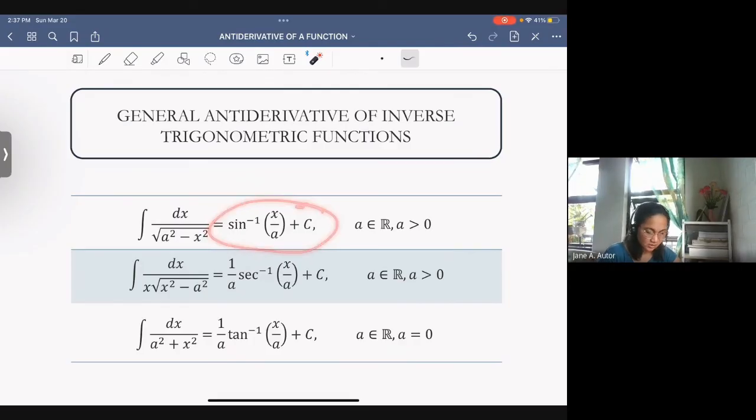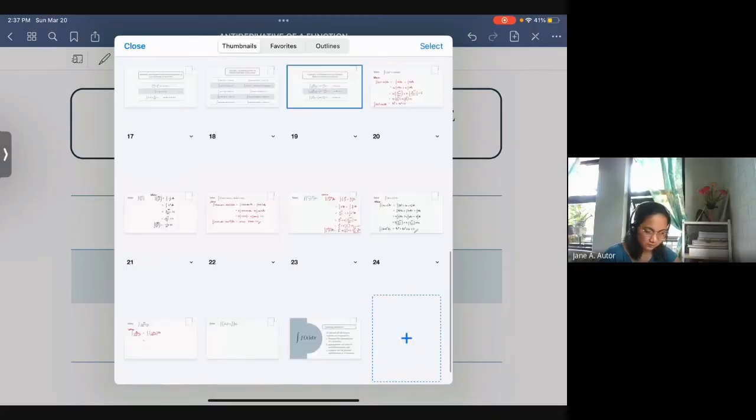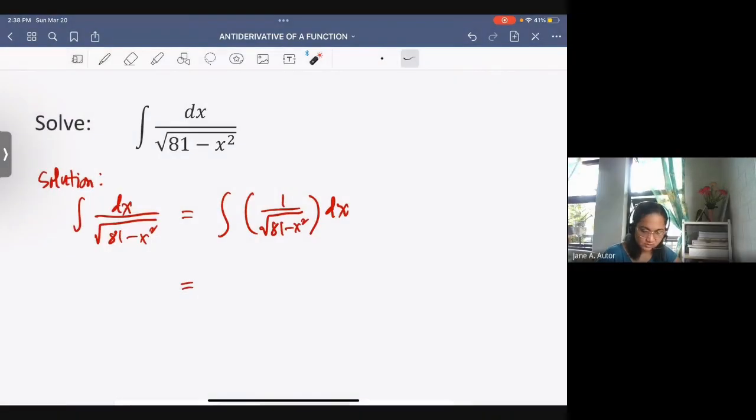So as you can see, based on the given example, a squared is equal to 81. So if we are to transform this into a squared, our 81 will be 9 squared.